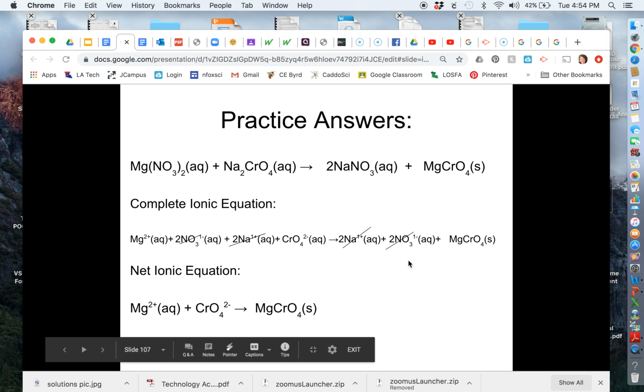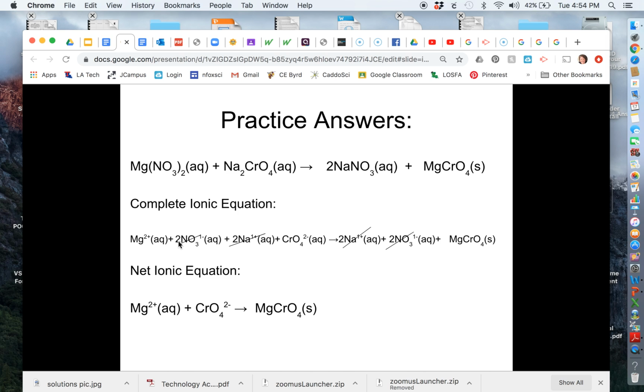Okay, here are the answers to the practice. The complete ionic equation: Mg2 plus, 2 NO3 1 minus, both AQ. It is important to write those AQs. 2 Na 1 plus AQ, CrO4 2 minus AQ. For the products, nitrate compounds are soluble and sodium compounds are soluble.